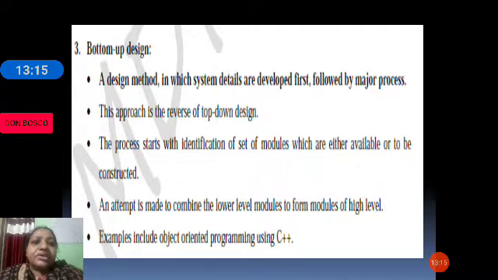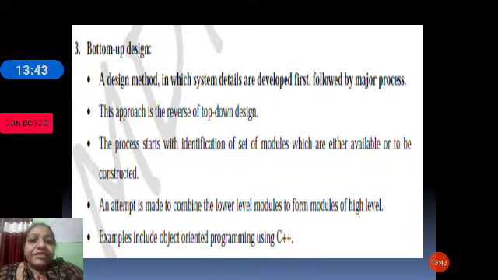Here the process starts with identification of a set of modules. First we decide on the set of modules that are required. Then an attempt is made to combine the modules from the lower level to the higher level. So bottom-up design means first we go about the details and then we solve the problem.